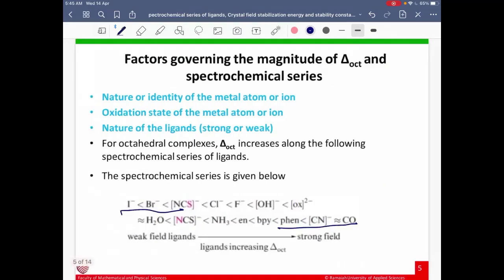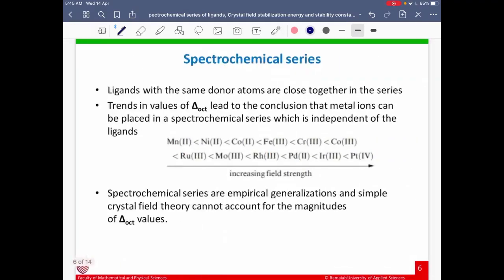Here we can see that ligands with the same donor atoms are close together in the series. Similarly, the trends in values of delta octahedral lead to the conclusion that metal ions can be placed in a spectrochemical series which is independent of the ligands.